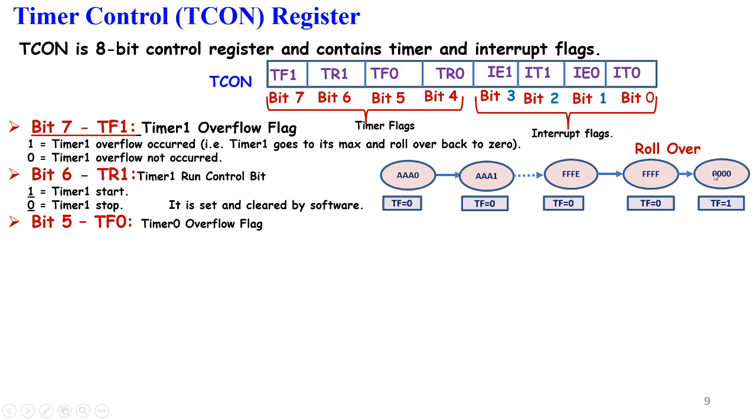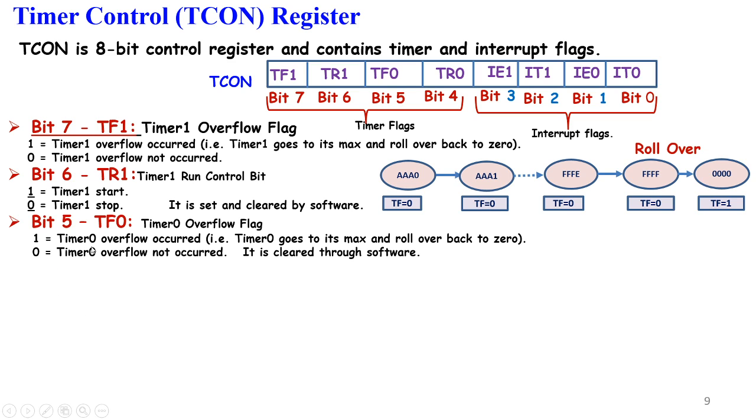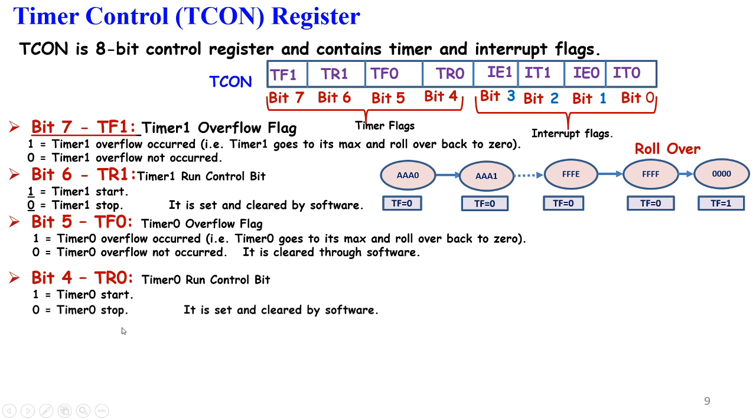When rollover occurs, from the final value to the initial value, then this flag gets set to 1. When it is 1, timer 0 overflow occurs, and when it is 0, timer 0 overflow does not occur. So this is the start and stop bit of timer 0.